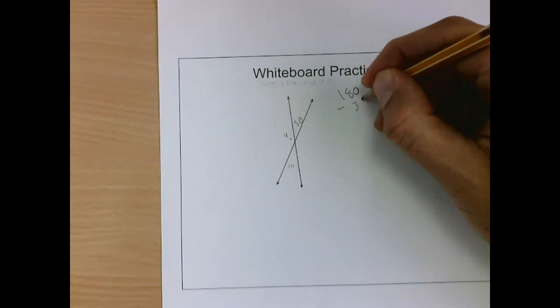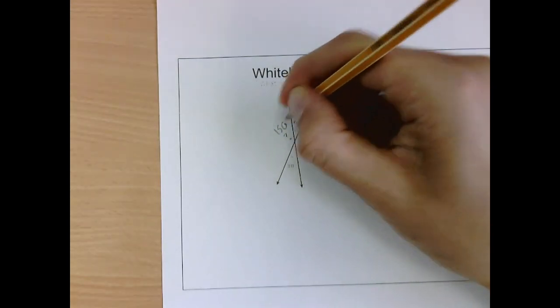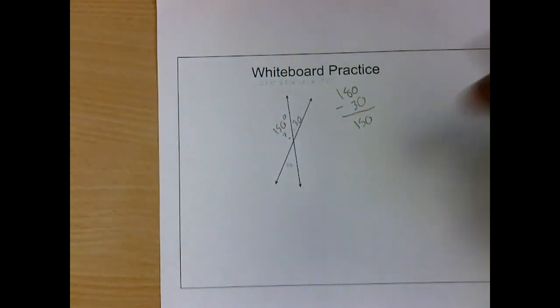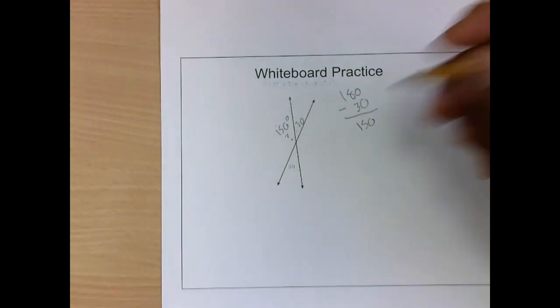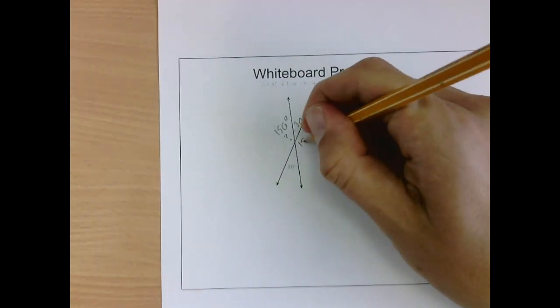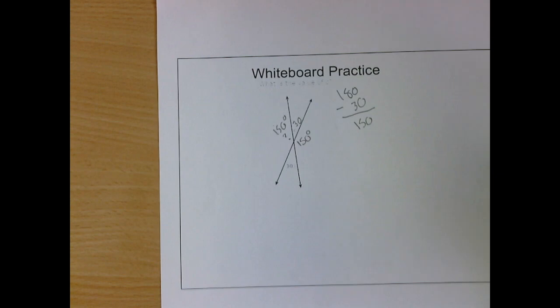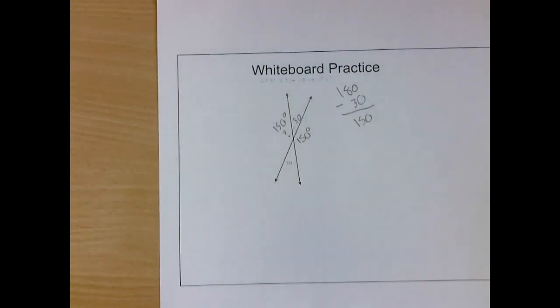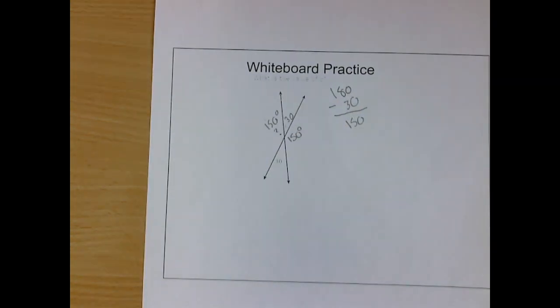And 180 minus 30 is 150. Now that we know that the question mark is equal to 150, what is the angle opposite that? Well, that's also going to be 150. Remember that angles like this have to add up to 360 degrees. So if you added these together, you would see that they added up to 360.